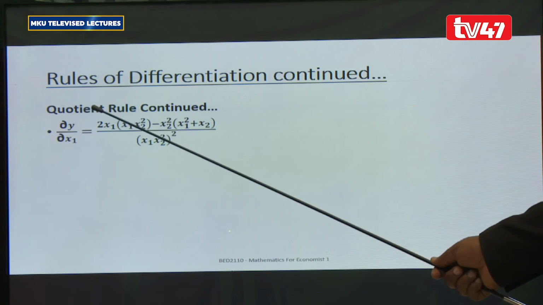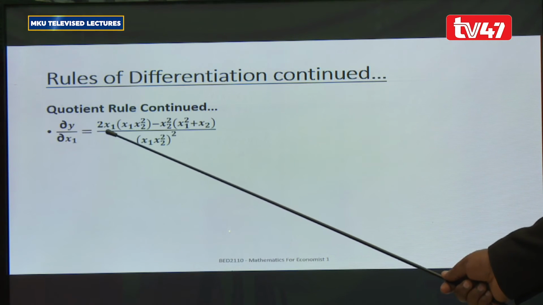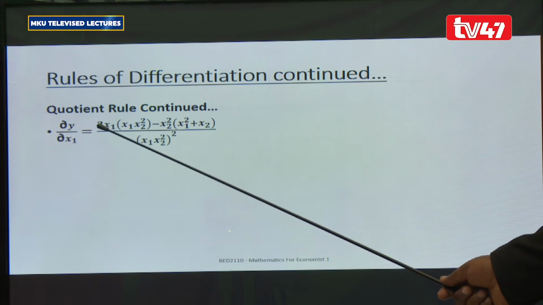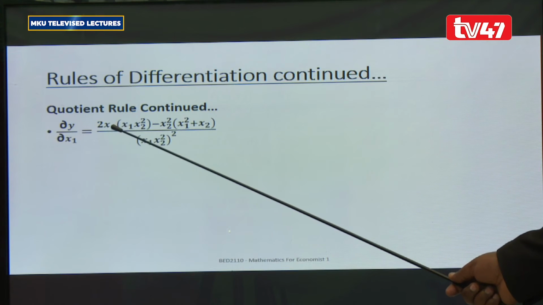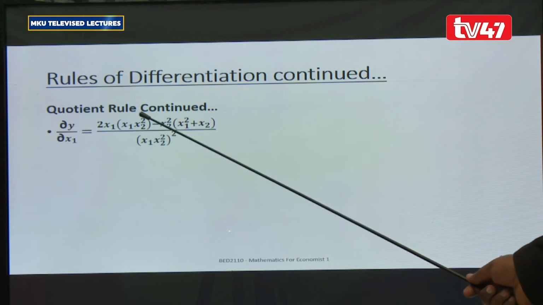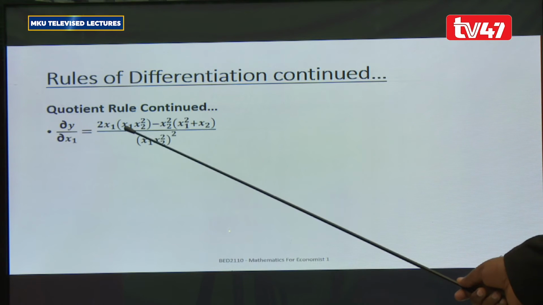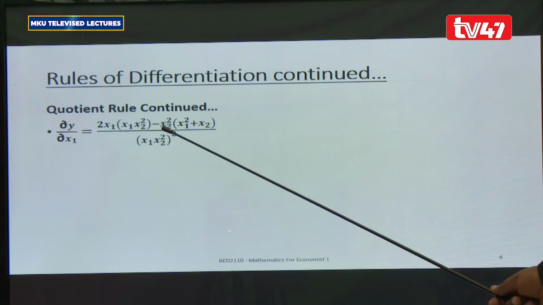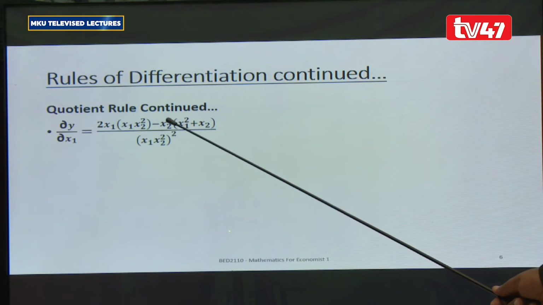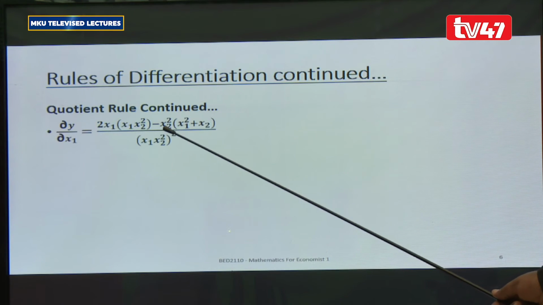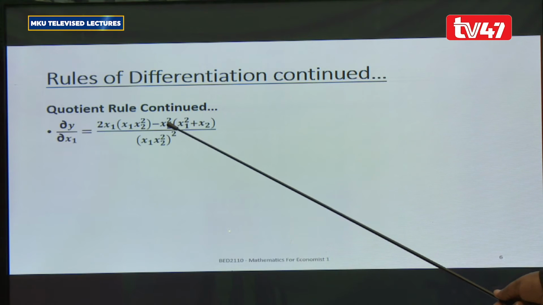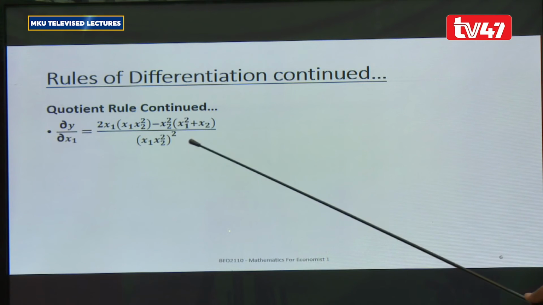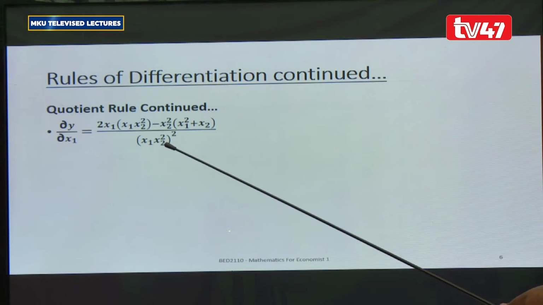Now for this one, as we said, you get the partial derivative of the first function with respect to x1, then you multiply by the second function, which was our denominator, then minus the partial derivative of the second function with respect to x1, that multiplied by the first function, and we get the whole of it over the denominator squared.